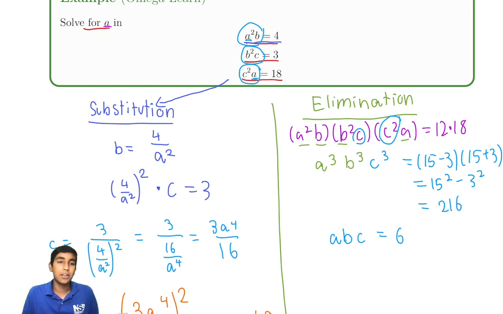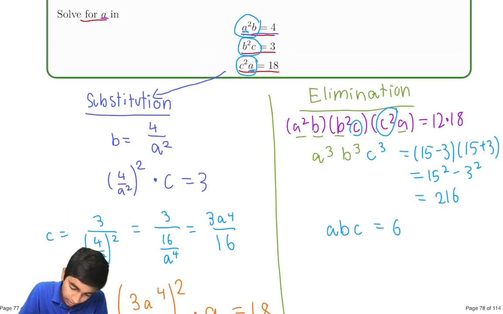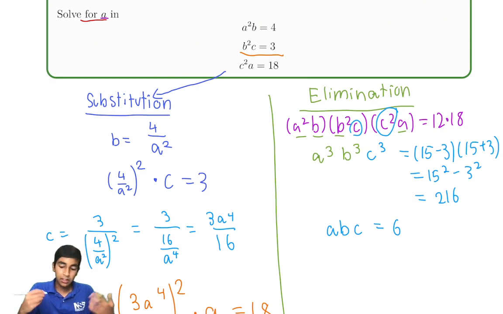Okay, we have this, but we still have three variables. We haven't eliminated any of them yet. Can we maybe use this abc equals 6 to eliminate a variable? Let's divide by this equation over here. The reason we're going to divide by this equation is it will eliminate c.